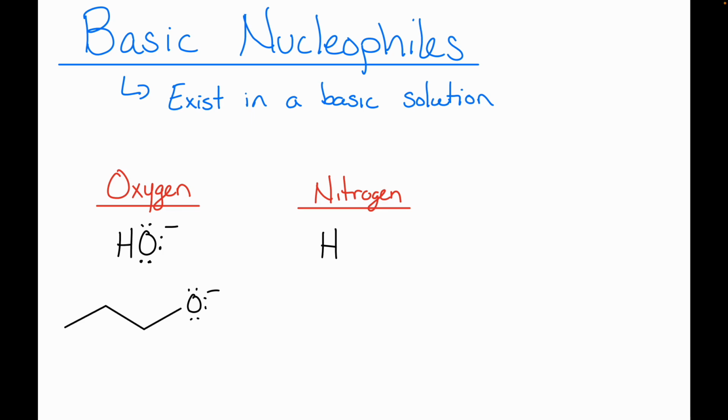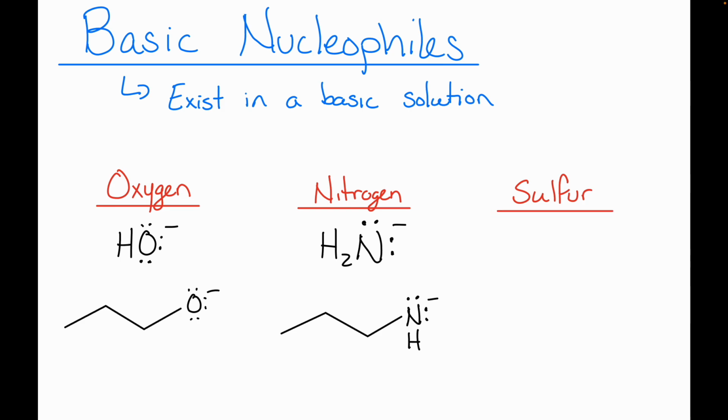Okay, so if we have a nitrogen with a negative charge, good base, good nucleophile. All right, likewise, it doesn't have to just be so teeny tiny. We can also have some carbons on there. Another one, like what we just saw, is our sulfur nucleophiles.